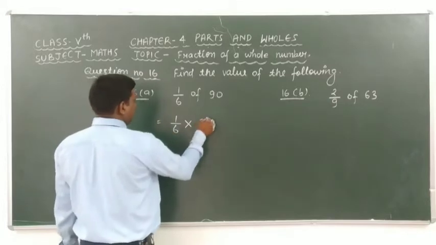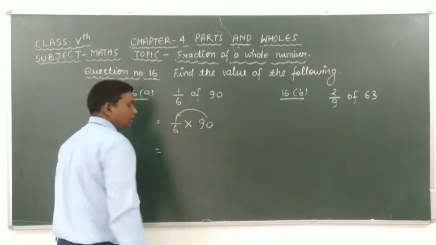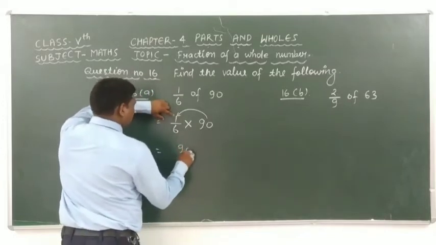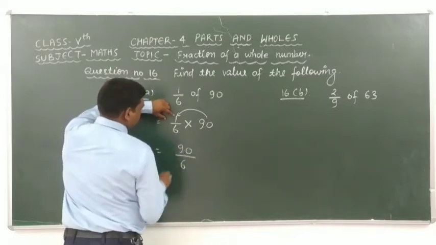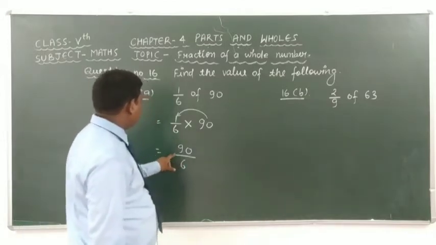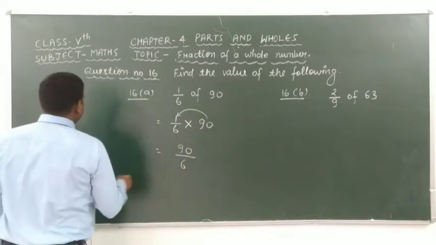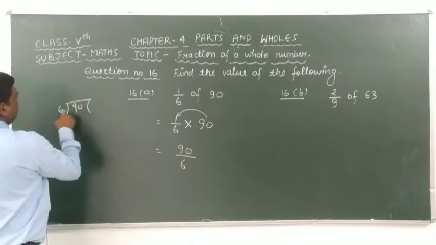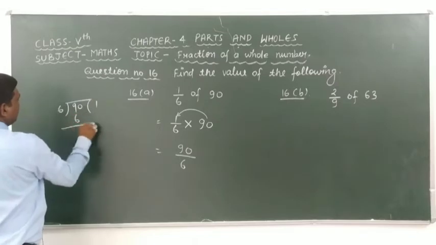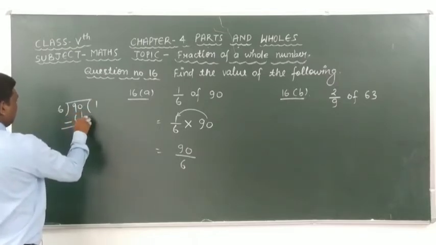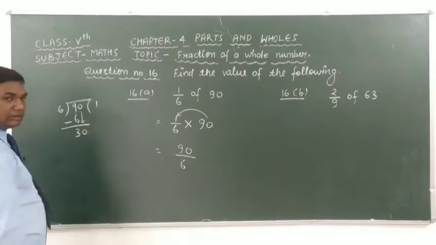Firstly we have to take the multiplication of 90 and 1. 90 times 1 is 90, so 90 over 6. Okay, understand? Here we have to take the division of 90 by 6. 6 times 1 is 6. After subtracting these we get 9 minus 6 is 3, and here we have to take 0 as same.